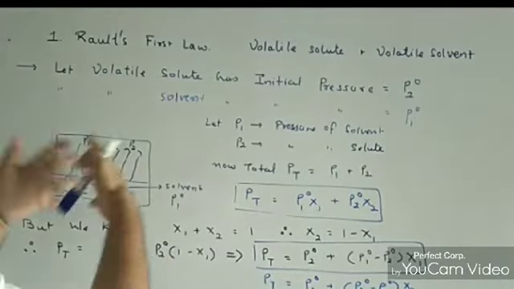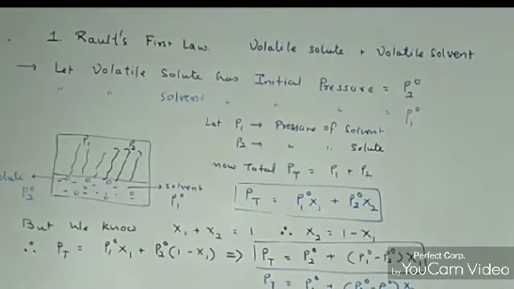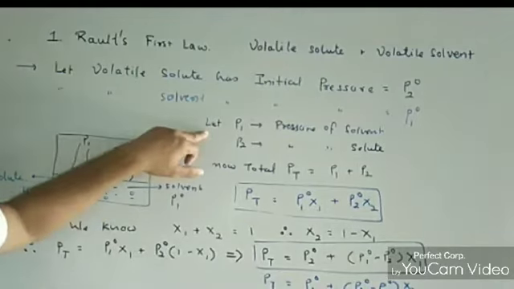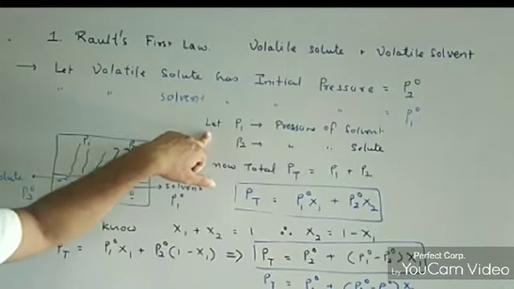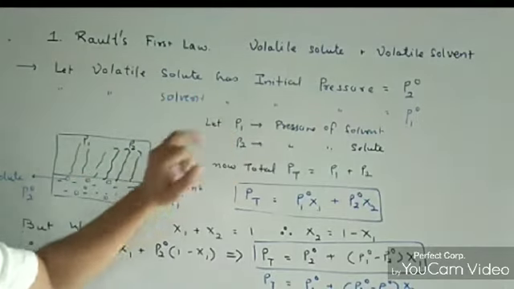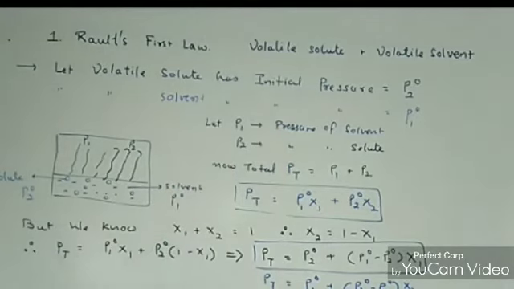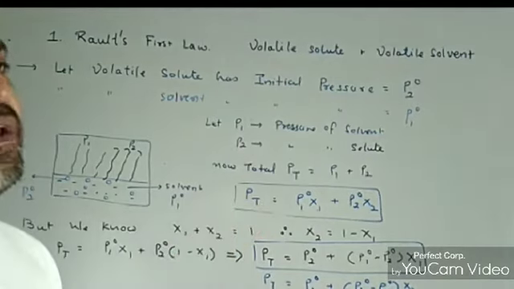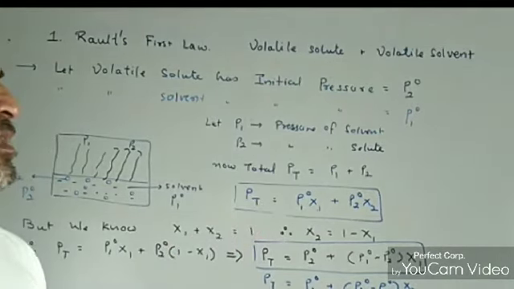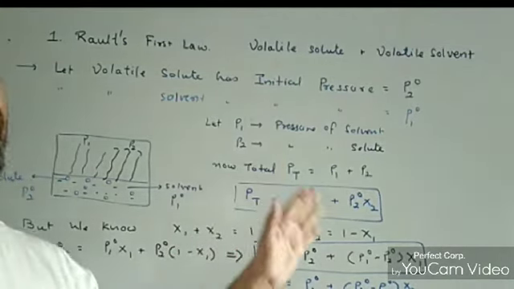When both are mixed, their pressure changes, and the pressure of the solvent becomes P1 and the pressure of the solute becomes P2. That is the partial pressure. Now both are developing pressure on the container, so the total pressure Pt is equal to P1 plus P2.